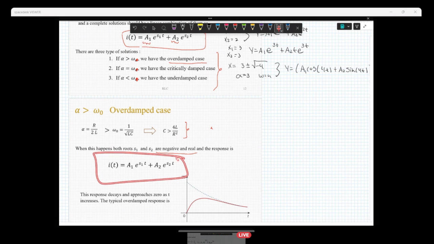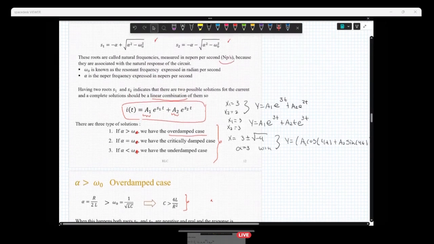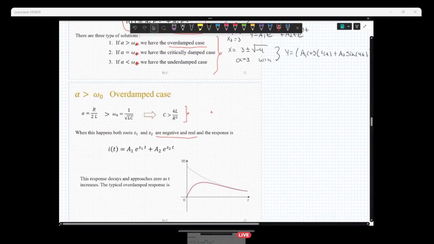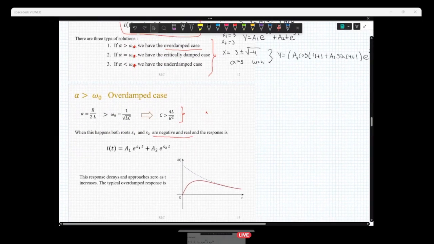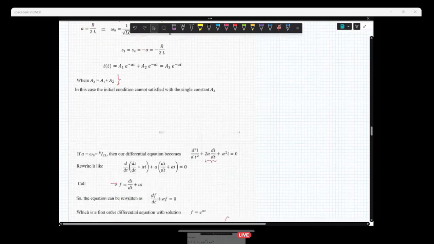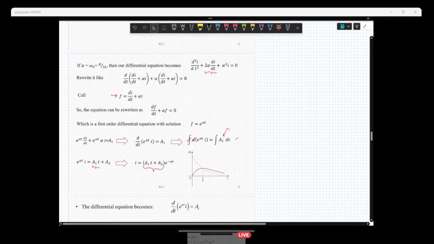You can immediately write it out. Your solutions s1 and s2 would be here. Now, if alpha and omega are the same, you get this one.